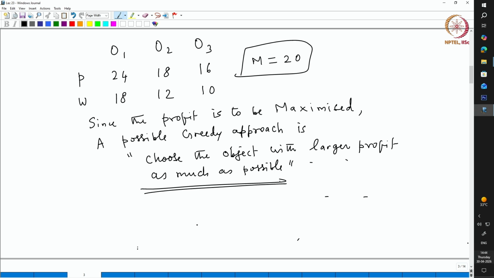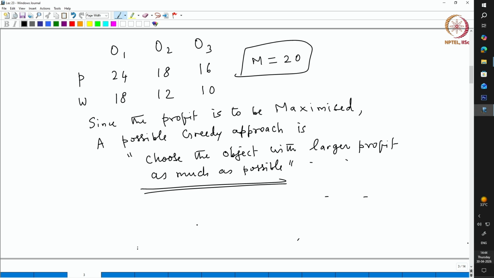If you have an object that is giving larger profit, take that as much as possible, and that is going to give you more profit, and that is the intuition. You want to maximize profit, so take the object with larger profit as much as possible.